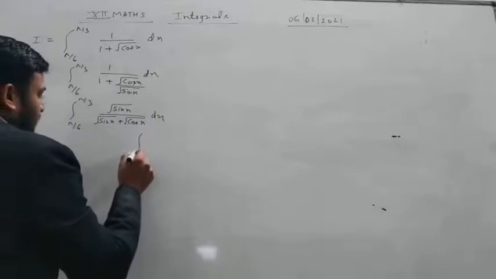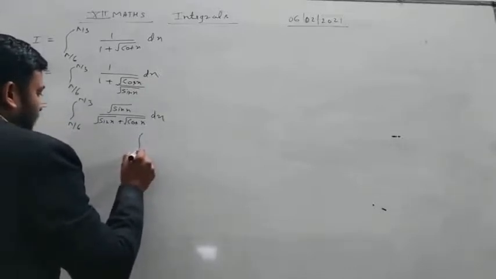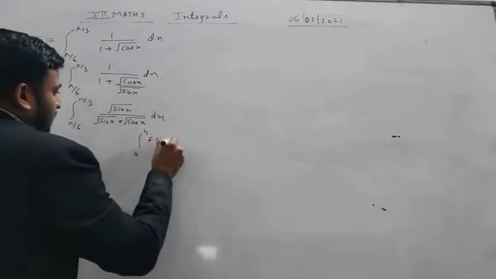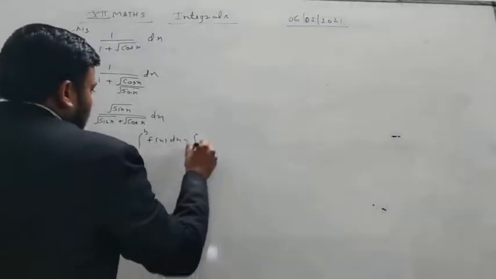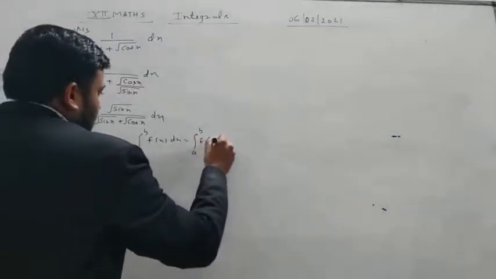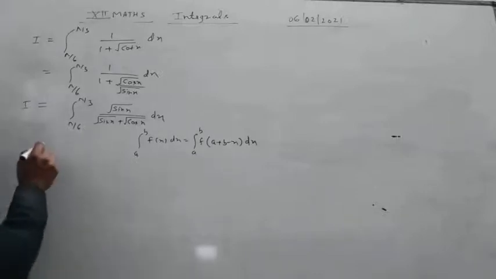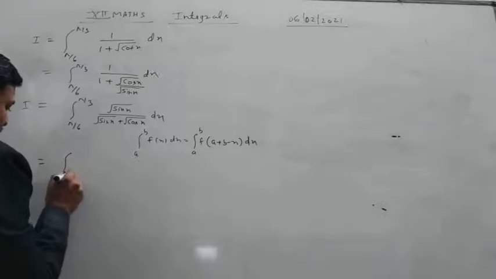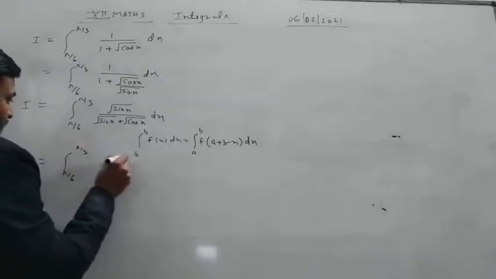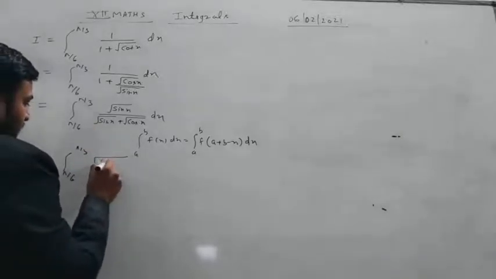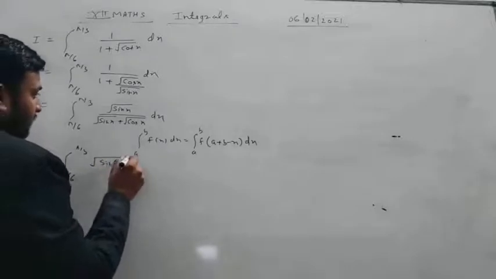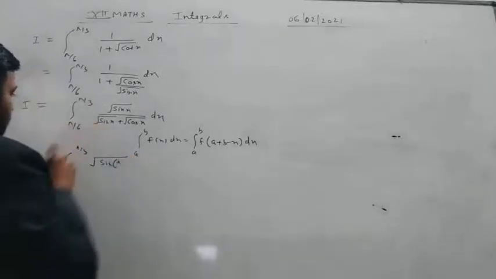We know the integral from a to b of f(x) dx is equal to the integral from a to b of f(a plus b minus x) dx. Okay, students, so we use this property and we write from pi by 6 to pi by 3, this is sin of pi by 3 plus pi by 6.